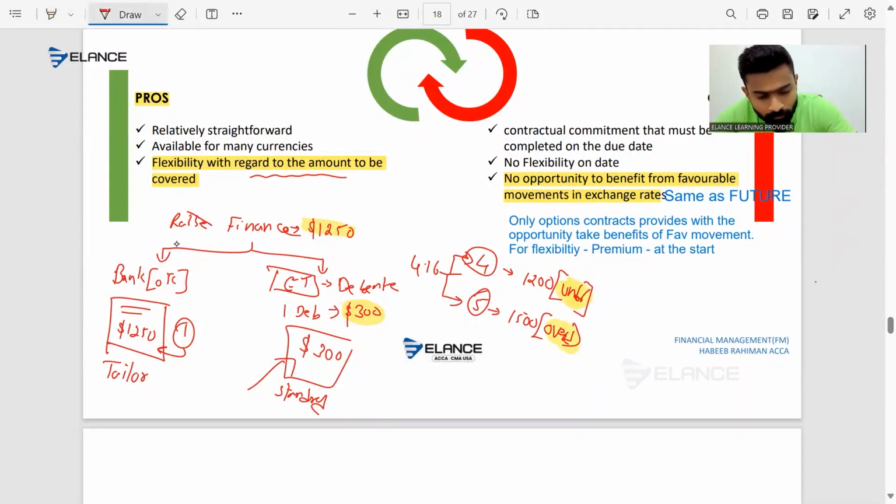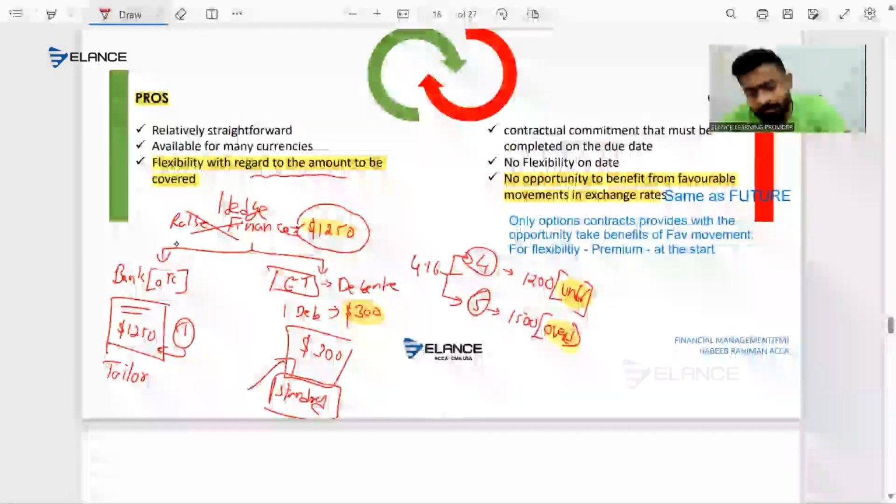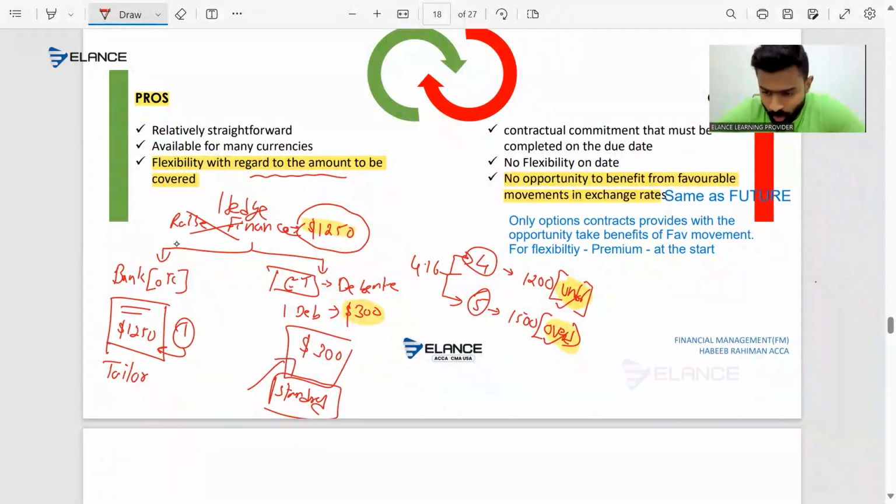Assume this is not finance, this is hedging. We need to get protected from a foreign invoice of $1,250. If the contracts are standardized size contracts, we will end up with either underhedging or overhedging. Is it okay?